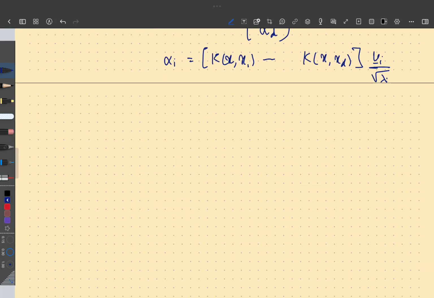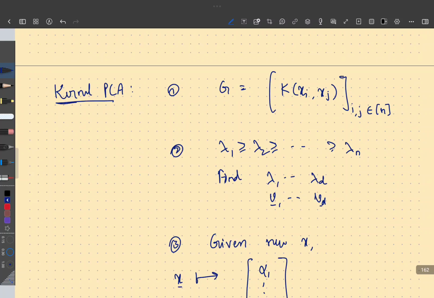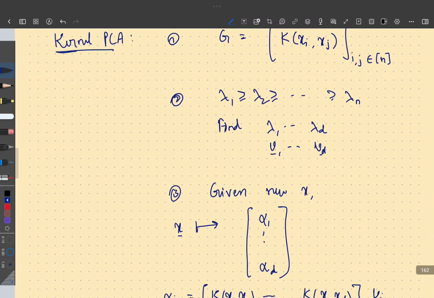All right. So this embedding into this lower dimensional space is not linear. And in kernel PCA, if you think about it, we're first embedding the vectors in a higher dimensional space and then projecting it down to a lower dimensional space.